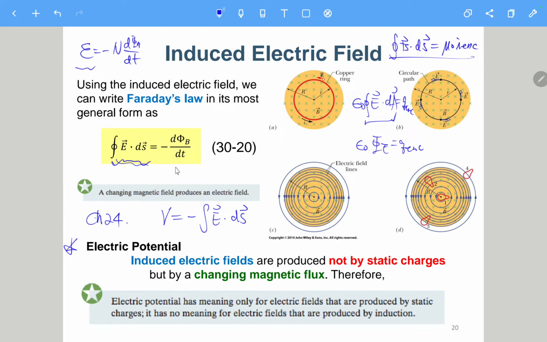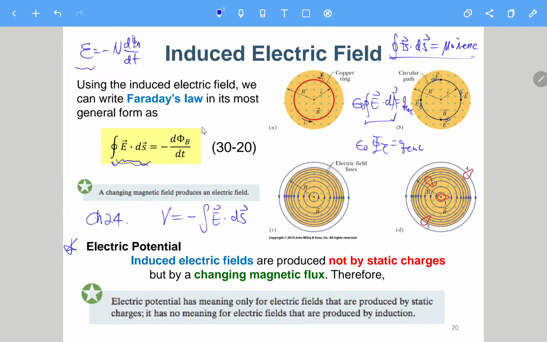Because here we have the change of magnetic flux. When we talked about chapter 24, we didn't have the idea of B field yet. If we don't have B field, then we can be comfortable applying the concept of electric potential to simplify the calculation. But here we need to pay more attention.